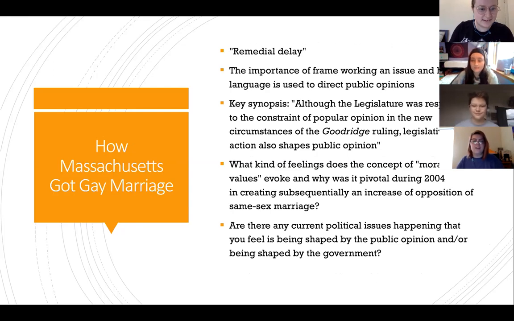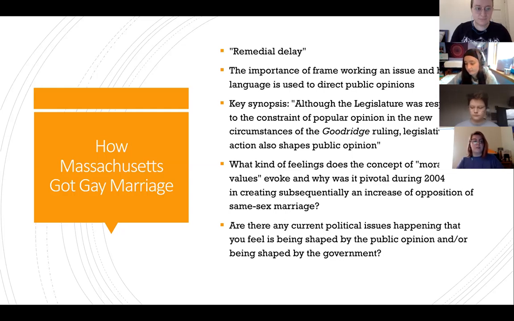All right. So the next article was on how Massachusetts got gay marriage back in 2004. The basic rundown of how this came about was that the state court had the Goodridge case, and the state court came to the conclusion that banning same-sex marriage was unconstitutional.